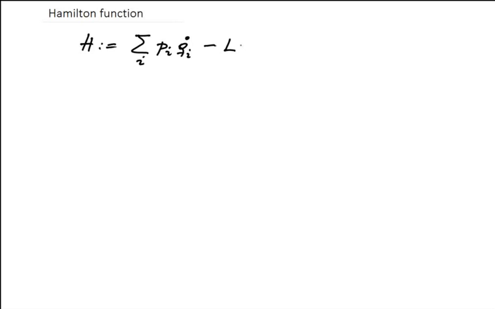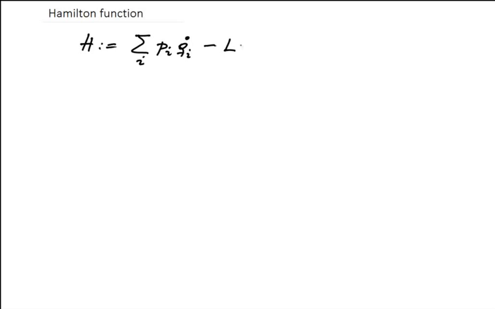So at this point it's just a formal definition, just like the Lagrange function itself and also the action. It's a mathematical definition, and it's at this point not yet clear whether it has a physical meaning, and if so, what the physical meaning is.